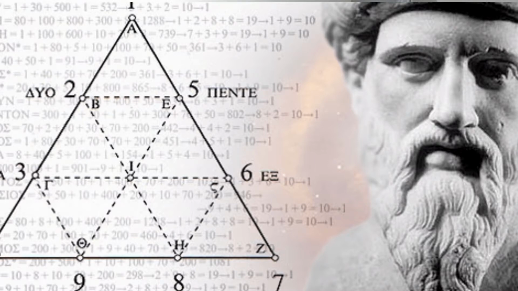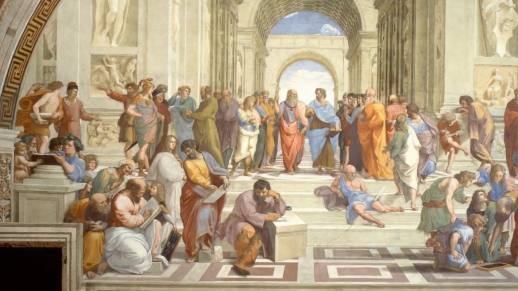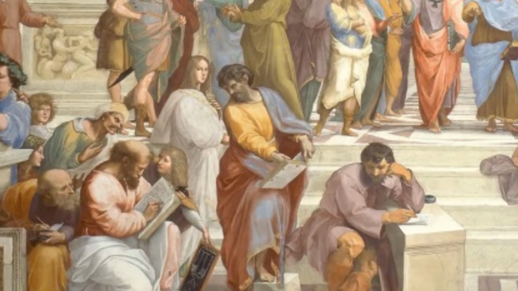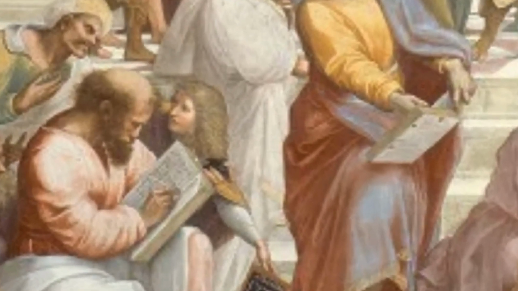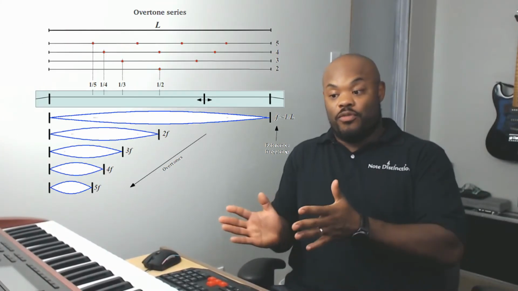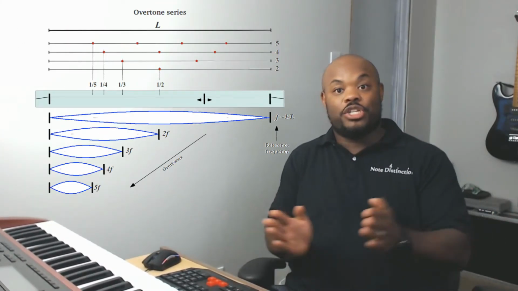Yeah, that's Pythagoras. He actually played a monochord, and he had a whole set of rules on how to play it, because he actually used math to figure out how a string could be plucked or sounded based off of mathematic ratios.